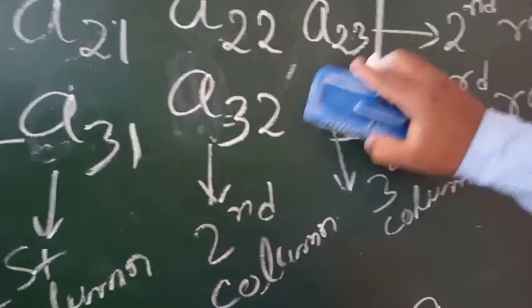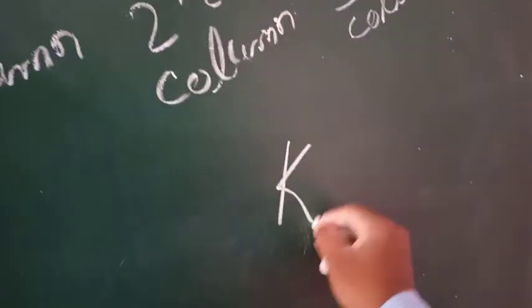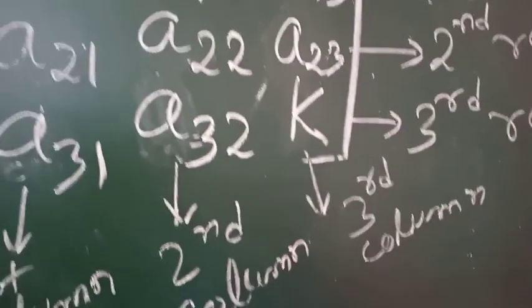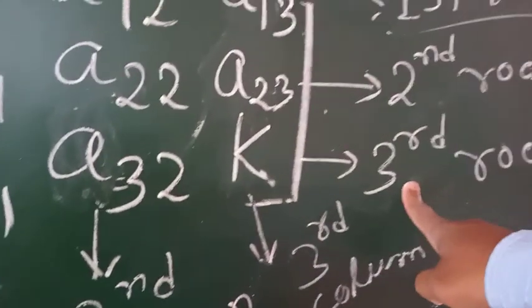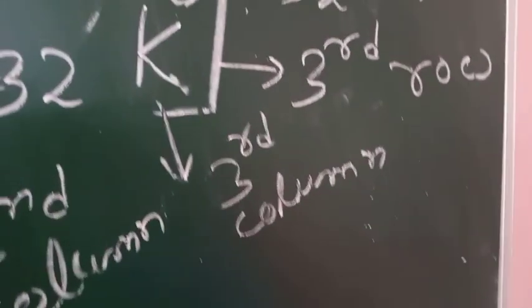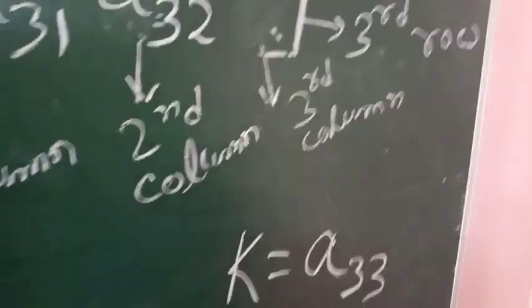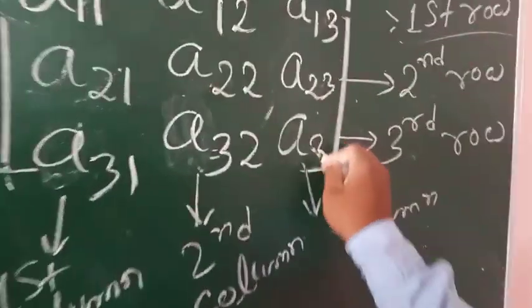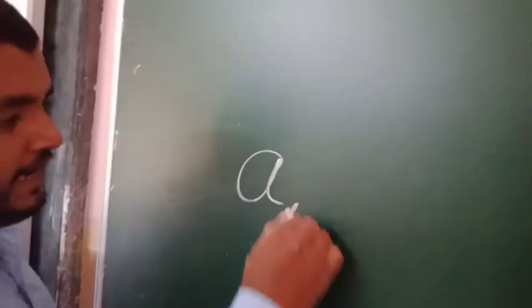Now K. K is in the third row and third column, so A33. In place of K we write A33. So this is the representation of the elements of a matrix, which is represented by Aij.